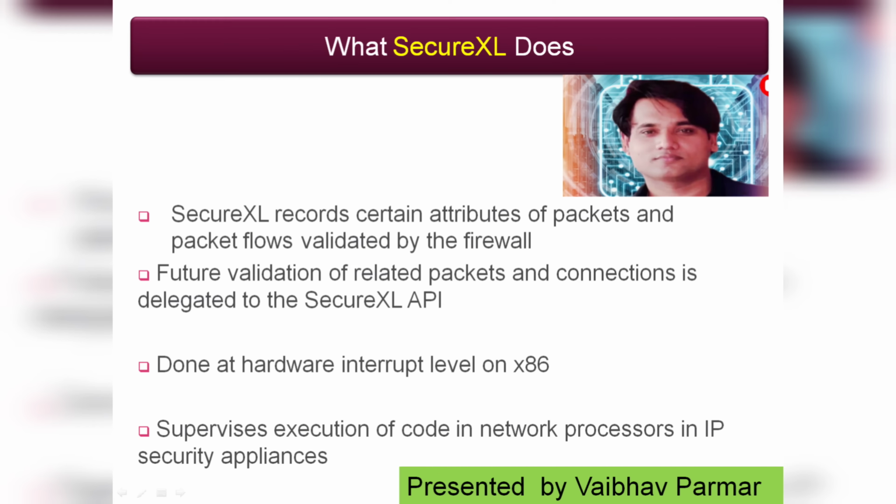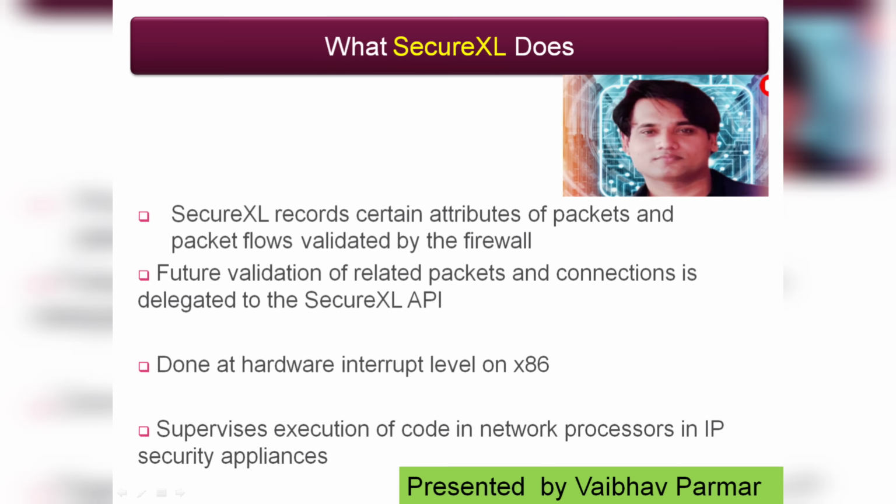SecureXL accelerates firewall and VPN performance by remembering certain attributes of packets and packet flow that have already been validated by the firewall or VPN applications. Then validation of related packets and connections is delegated to the SecureXL API. SecureXL API is the middleman between the firewall application and OS software.